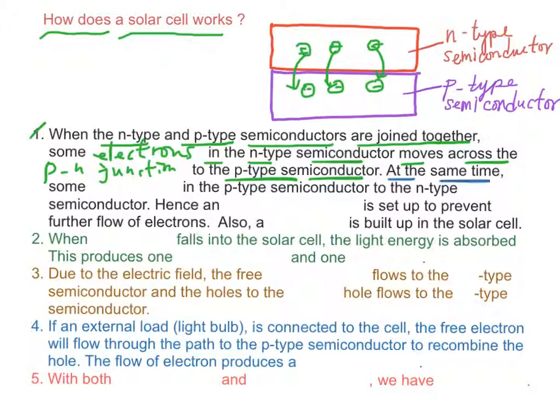At the same time, some holes, or we say positive charges, in the P-type semiconductor will move to the N-type semiconductor.